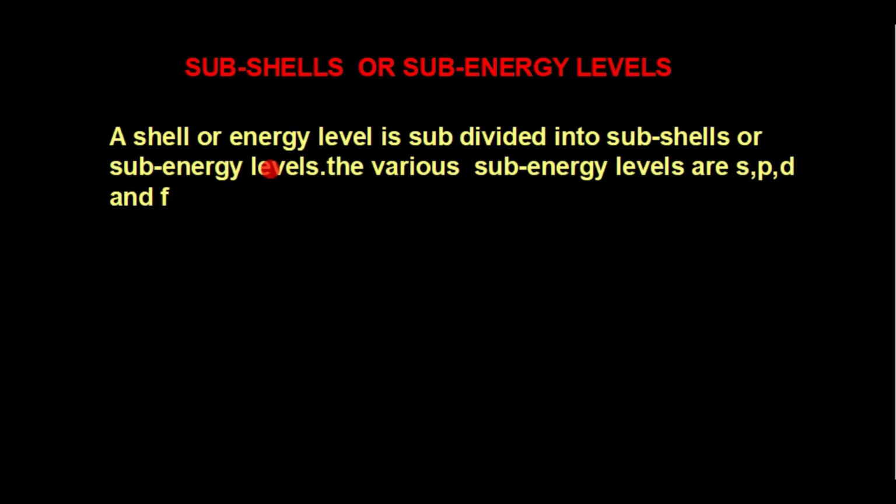The various subshells are shown with the help of small letters. These are s, p, d and f. The value of subshells depends upon the value of the shell. Now we will write the value of different subshells.